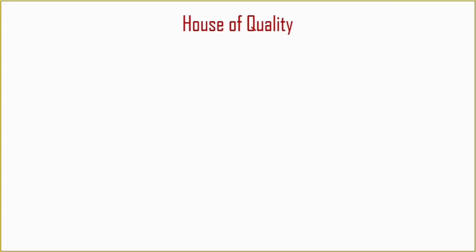Here we are going to see the meaning of house of quality and the associated terminologies. First point: quality function deployment is known as the house of quality. What is the meaning of quality function deployment? Before understanding the term QFD, you must know what a function is.